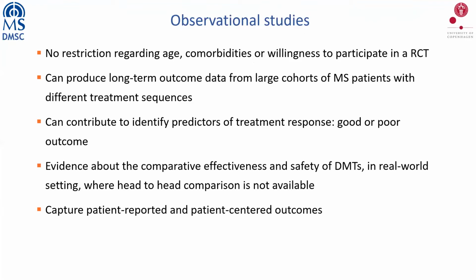We can also contribute to identify predictors of treatment response, either a good or a poor outcome. And we have evidence about comparative effectiveness and the safety of different disease-modifying therapies in a real-world setting where head-to-head comparison is not available. We can also capture patient-reported and patient-centered outcomes.